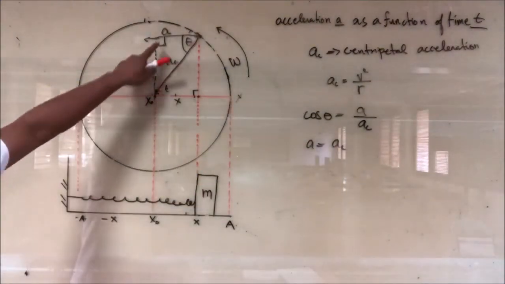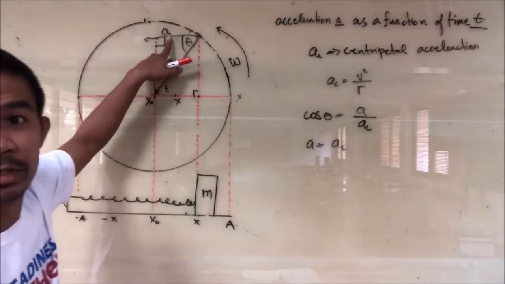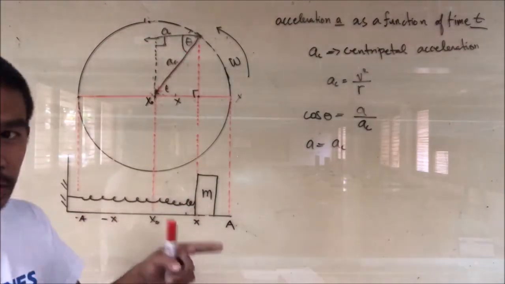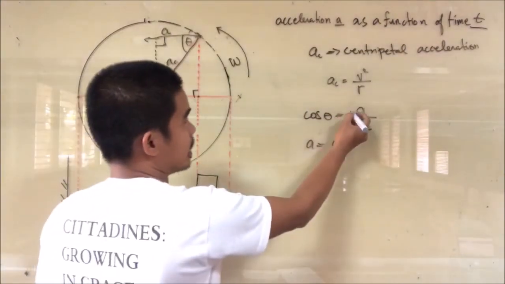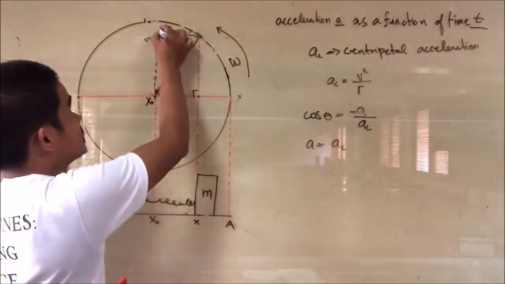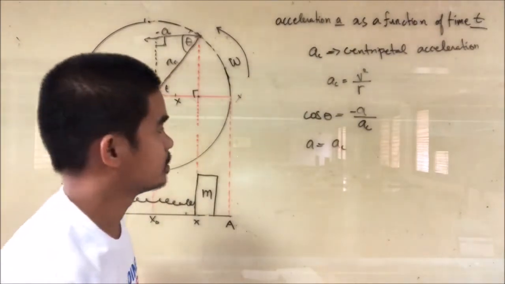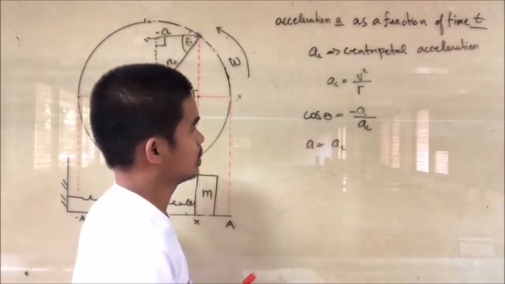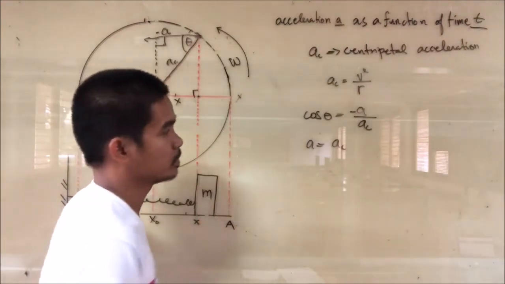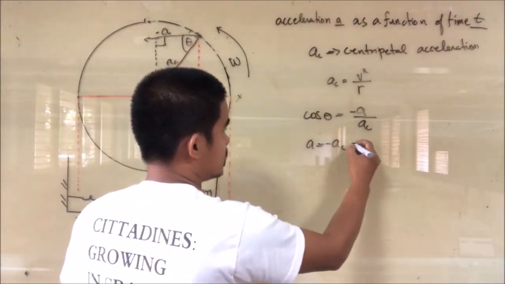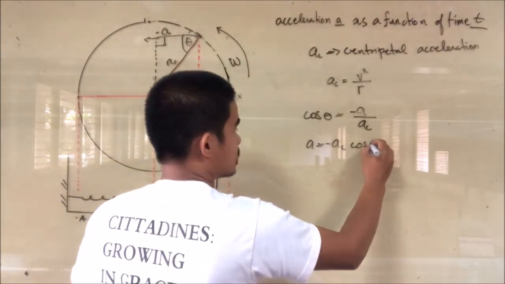Since the direction of the acceleration of this object is opposite to the displacement, I will mark this as negative a. So a, the acceleration of simple harmonic motion, is negative a_c cosine theta.